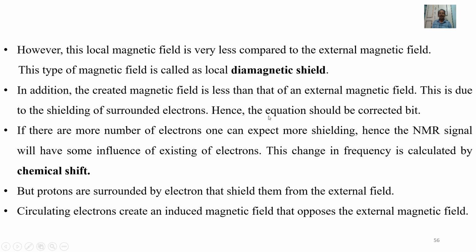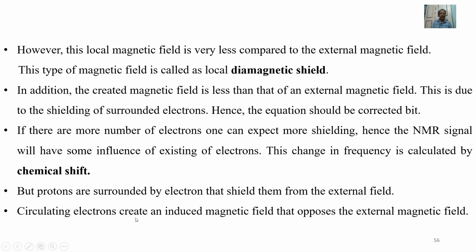Hence, the equation should be corrected a bit. If there are more electrons, one can expect more shielding. Hence, the NMR signal will have some influence from the existing electrons. This change in frequency is calculated as chemical shift. Protons are surrounded by electrons that shield them from the external field.